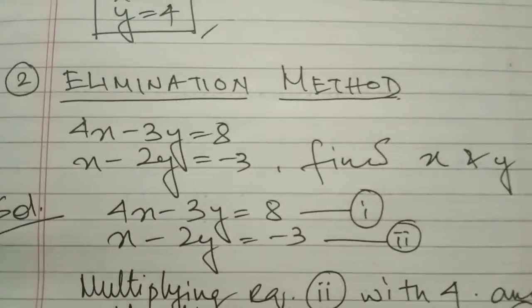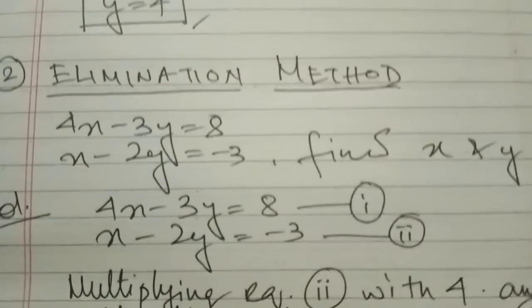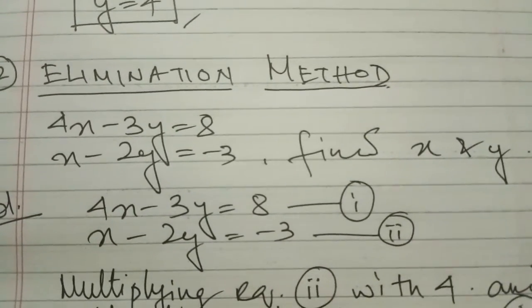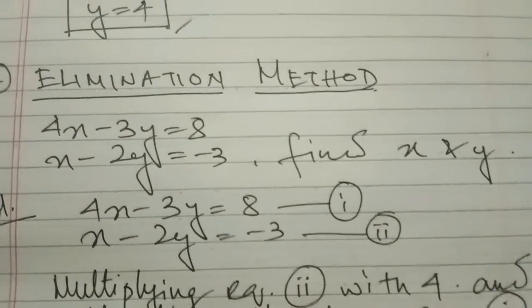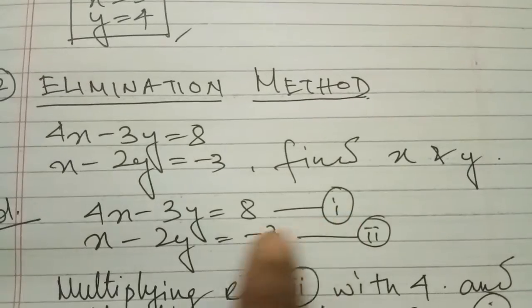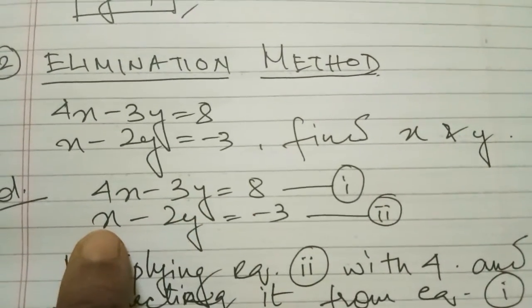Next we come to the elimination method. Elimination means we have to eliminate either x or y by making the coefficients the same. In the same question I have written equation 1 and equation 2. Here x has 4 in equation 1.